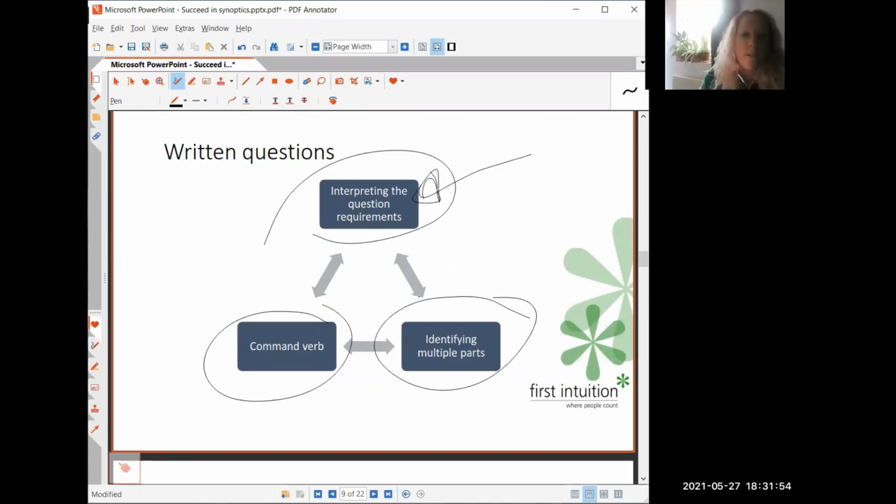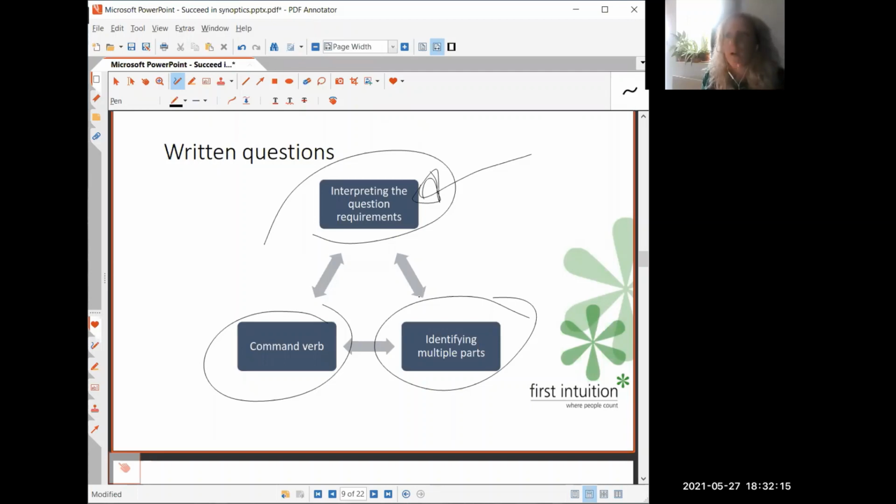The other part is identifying when you're being asked to do multiple things. And that might sound like a really basic point, but in the pressure of an exam, under that time pressure, and also with the kind of anxiety and nerves that go along with sitting an exam, it can be very easy to miss part of a question.